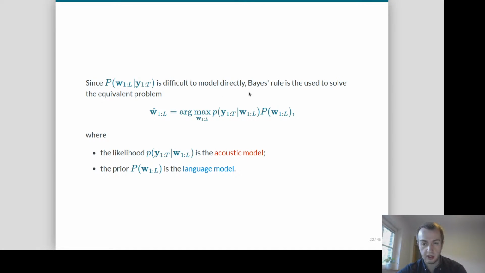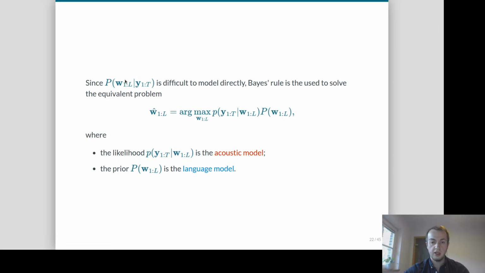And the second term, or the first factor, is what is known as the acoustic model, which is basically the relation from words to acoustic vectors. And in this direction, it's usually easier to define, while if you were trying to go from acoustic vectors to words, then that would be more complicated.